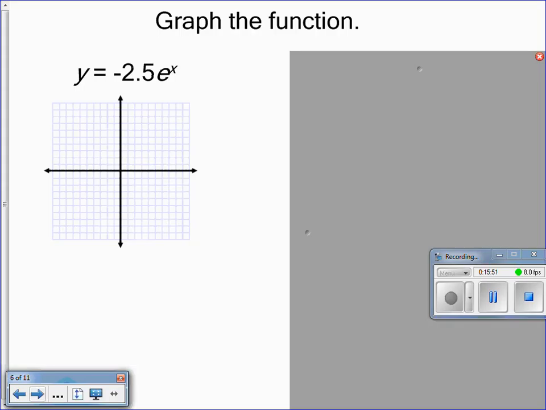What might be helpful to us to construct a graph for the exponential function? Jacob? What do you mean x? Oh yeah, it'd be nice to have some values for x.